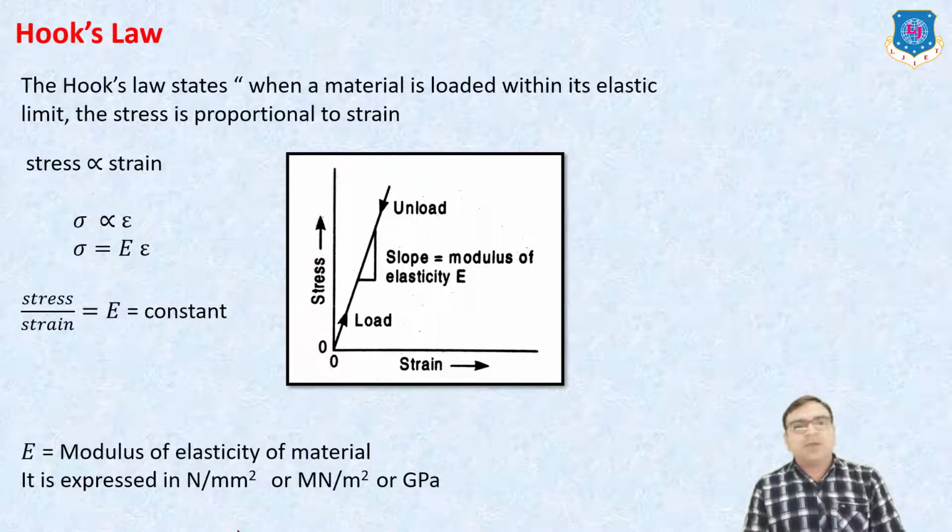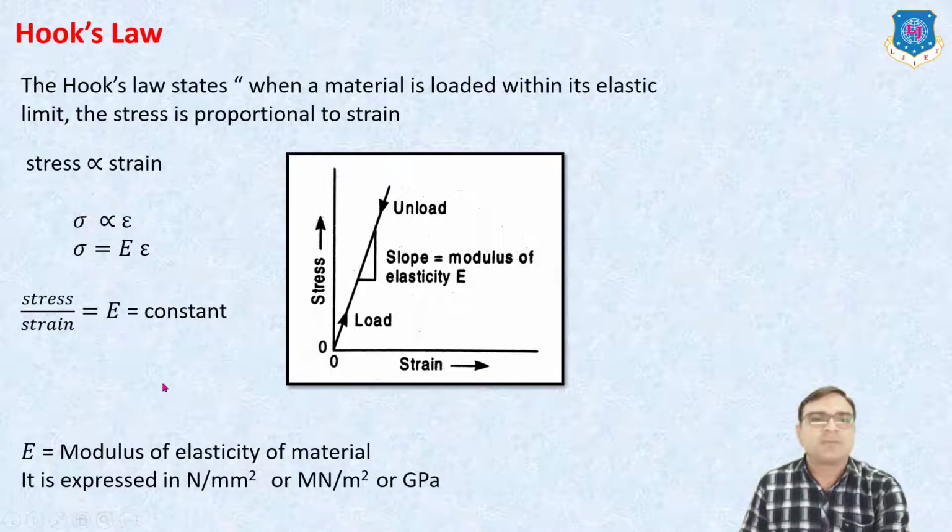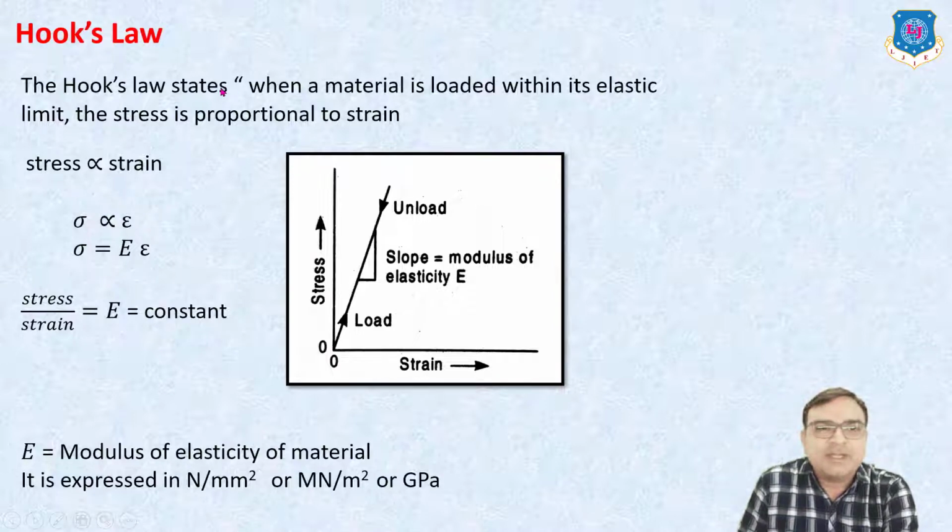Now this is a very important law, Hooke's law. Hooke's law states that when a material is loaded within its elastic limit, the stress is proportional to strain. Stress is proportional to strain, and when we put one constant E, that E is known as the modulus of elasticity.